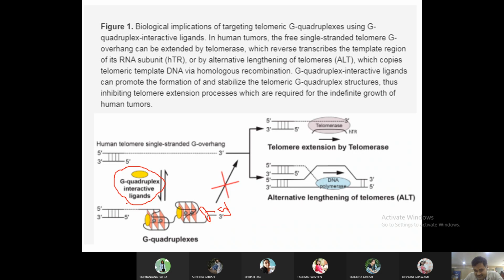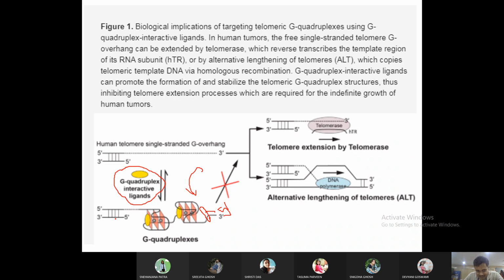So when the cell feels it has extended this end of the chromosome enough, it starts making this G quadruplex binding protein. Now these ends are blocked by formation of G quadruplexes. Neither DNA polymerase will come and flatten them, nor telomerase will come and bind and extend it. So they are now all sealed.